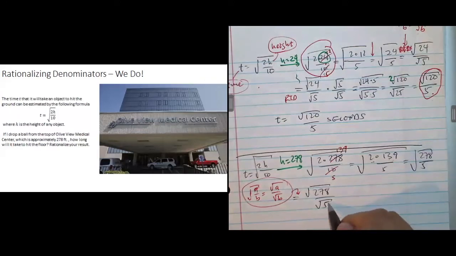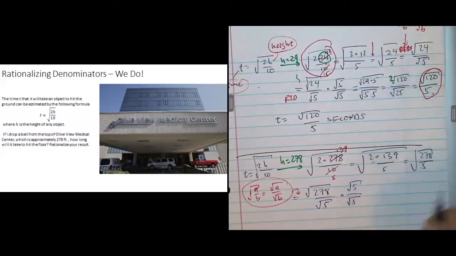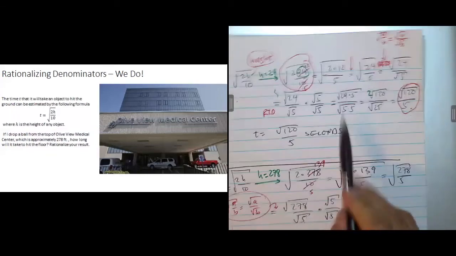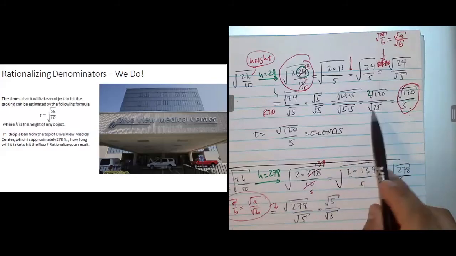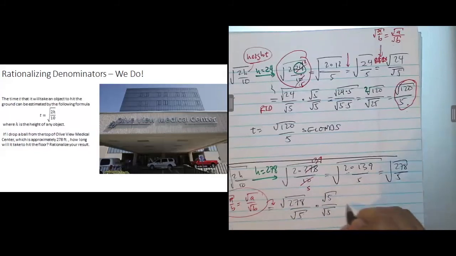Now all that is left to do is rationalize the denominator. So multiply top and bottom by the denominator, the square root of 5 and the square root of 5. The square root of 5 times the square root of 5 is the square root of 5 times 5, which is the square root of 25, which is equal to 5. We can just fast forward.